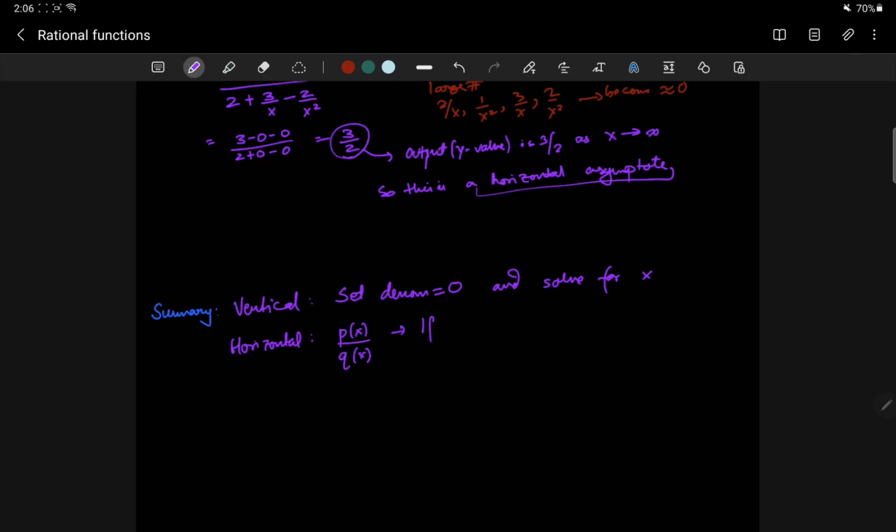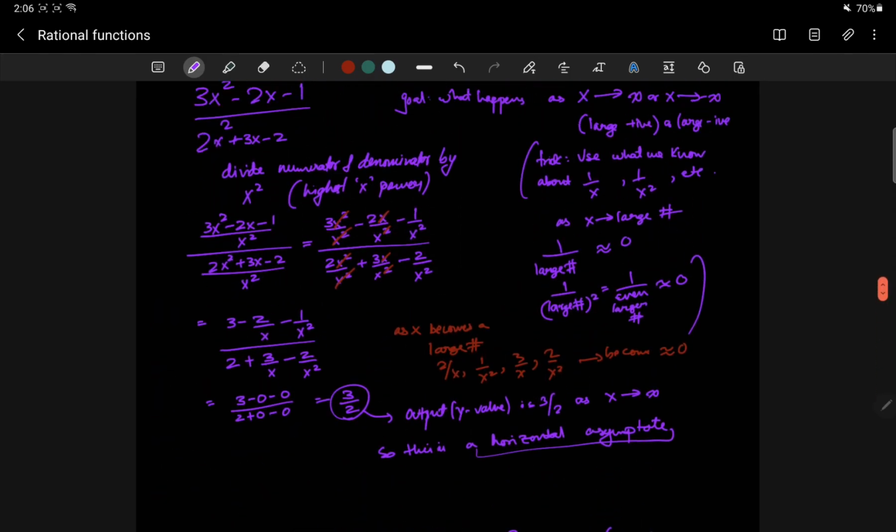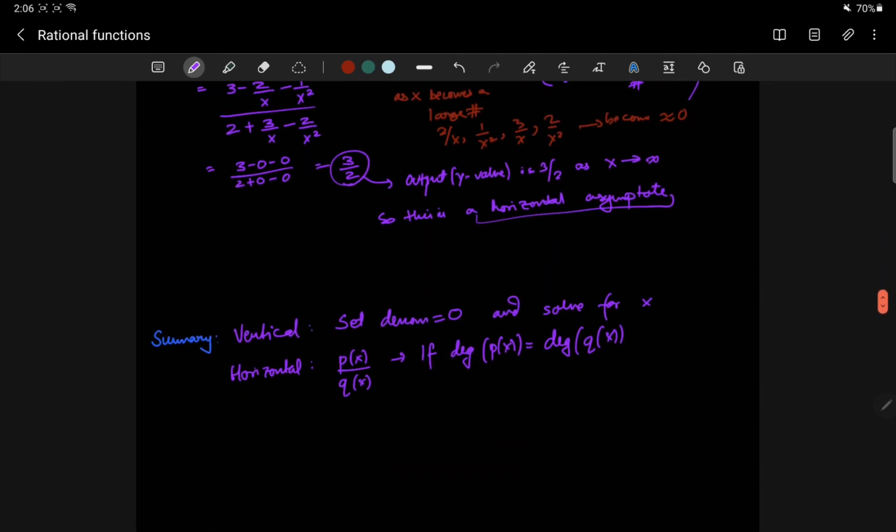If the degree of p(x) equals the degree of q(x), for example, what we had here, degree 2 and degree 2, then the ratio of the coefficients of the leading terms is the horizontal asymptote.